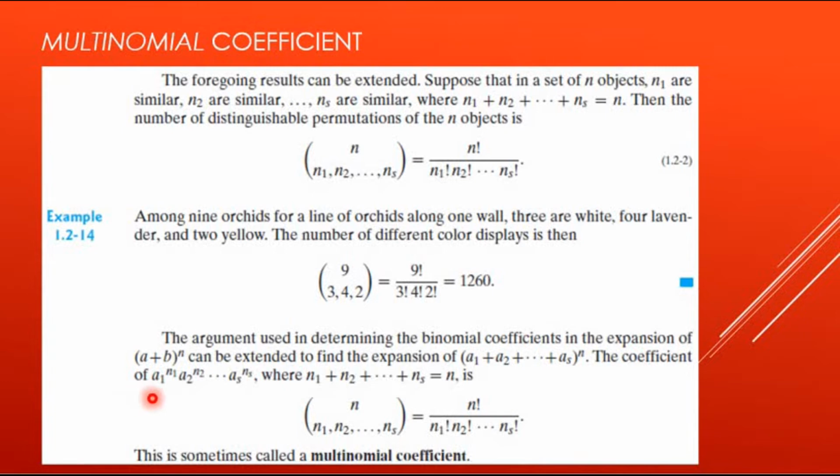The coefficient of a1 to the power n1, a2 to the power n2, and so on, as to the power ns, where n1 plus n2 plus so on plus ns equals n, is n factorial over n1 factorial times n2 factorial and so on times ns factorial. This is sometimes called a multinomial coefficient.